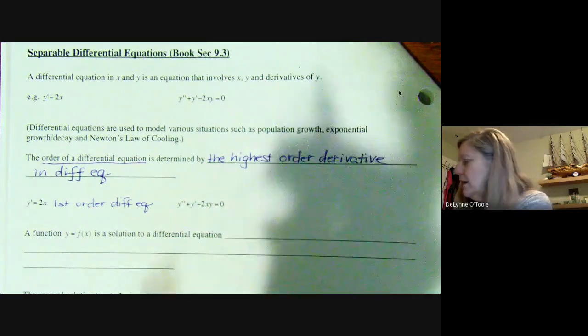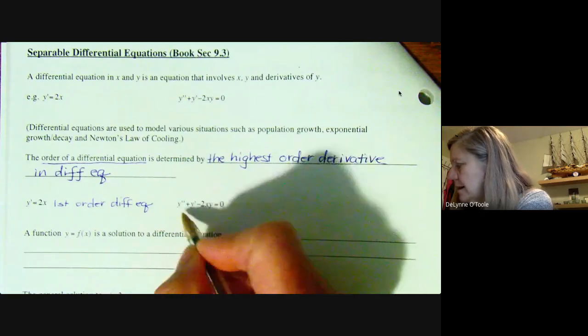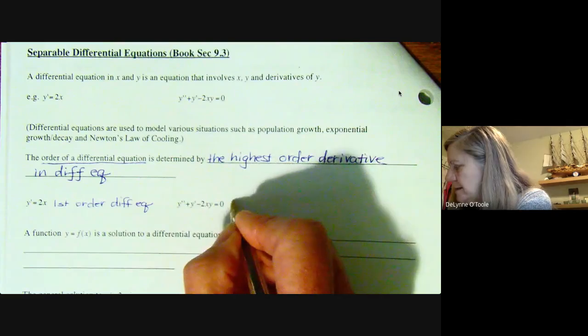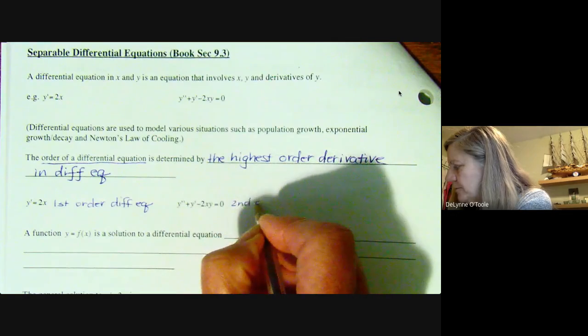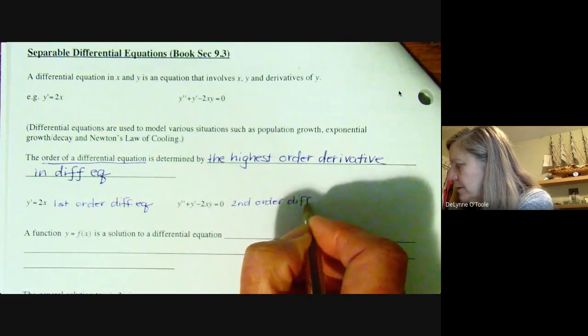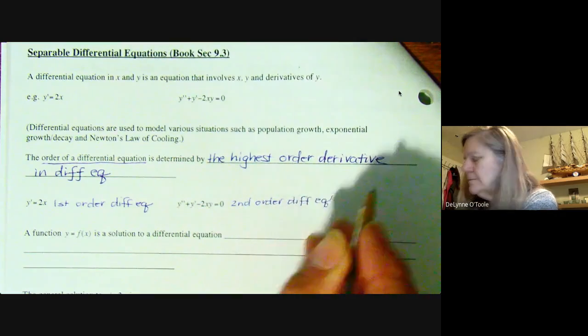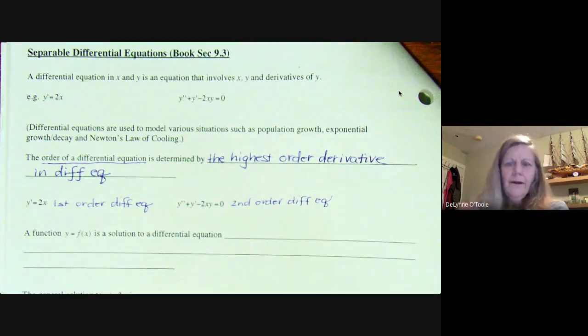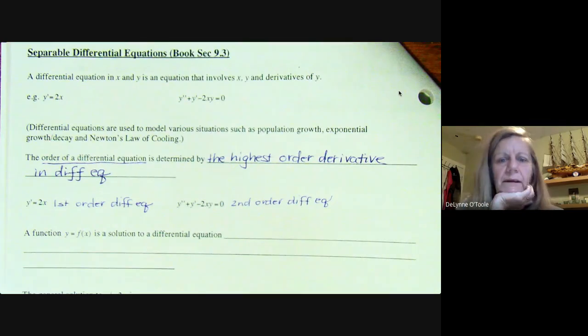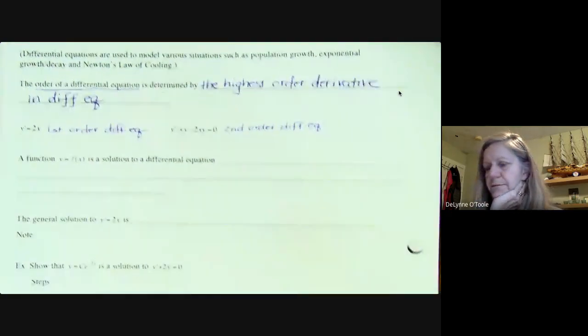And then, of course, this other example of a differential equation that I gave you is a second order differential equation. Okay. So you just, super easy, you just look at the differential equation that you're given, look for the highest degree, and that's the order of the derivative.